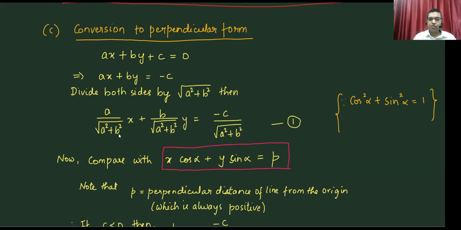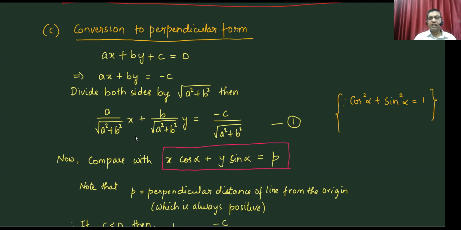So you observe this: a by root of a square plus b square, b by root of a square plus b square. If you square and add these two terms, the sum becomes 1. So we can take this as one trigonometric ratio, either cos or sine, and this as another trigonometric ratio.